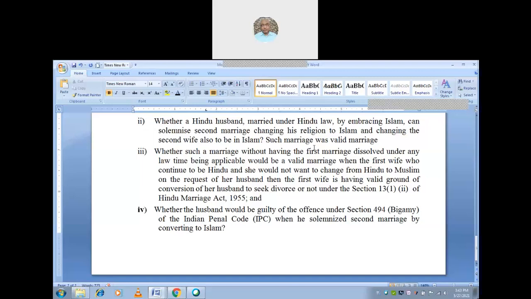Then the first wife has a valid ground, because of the conversion of her husband, to seek divorce under Section 13, subsection 1, clause 2 of the Hindu Marriage Act 1955. So when you are arguing on behalf of the petitioner or the appellant, definitely we can say that when the first wife is alive, the husband is not supposed to go for another marriage by conversion.